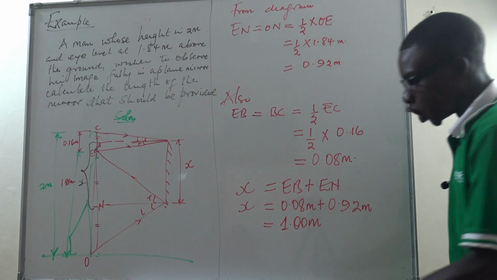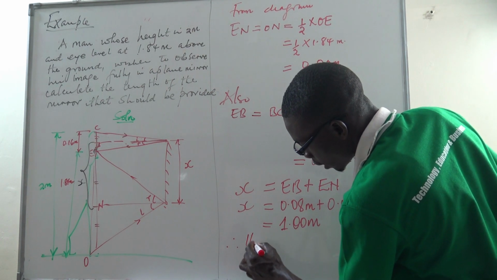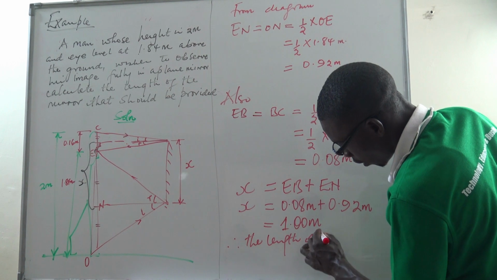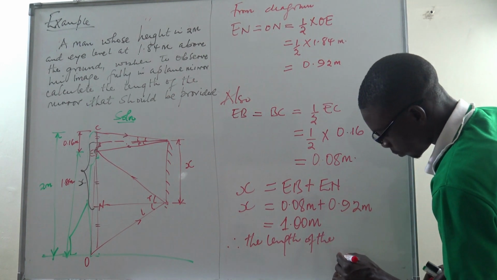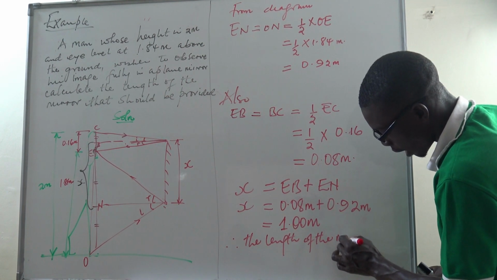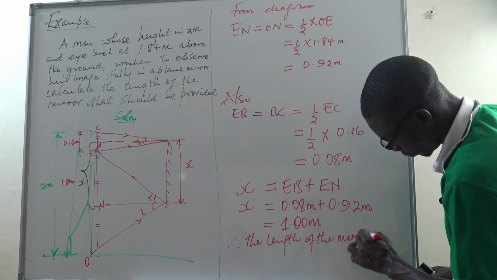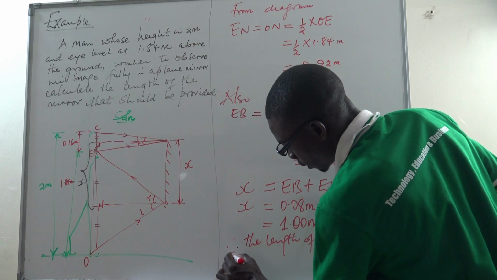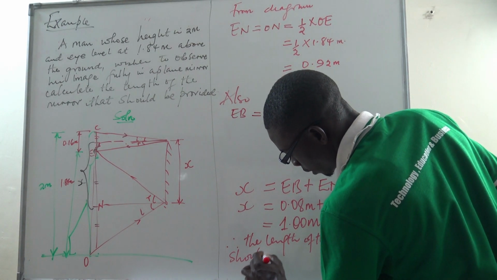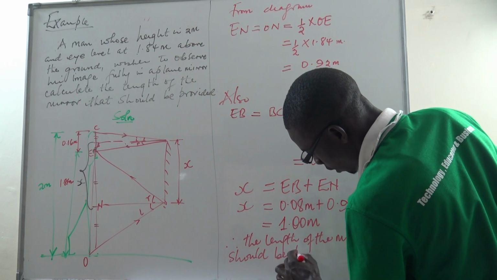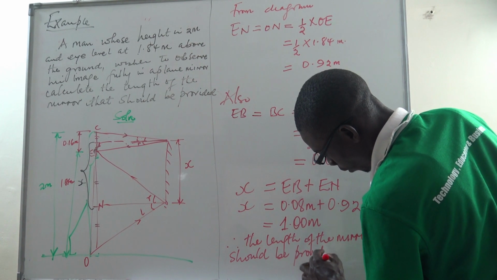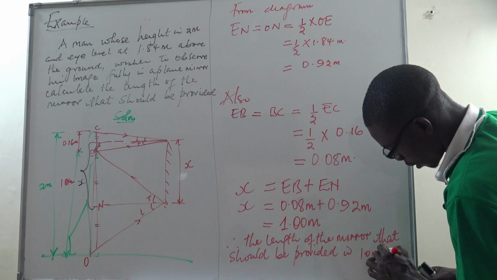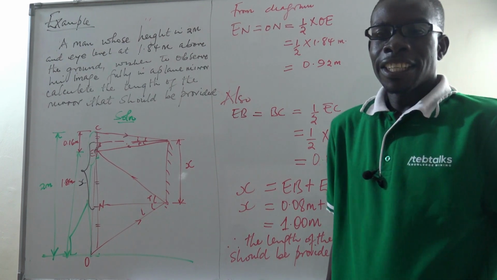Therefore, you can conclude and say, therefore, the length of the mirror that should be provided is 1.0 meters. Is that okay?